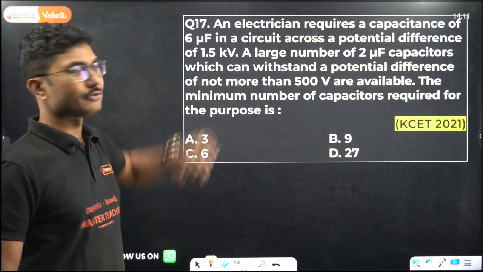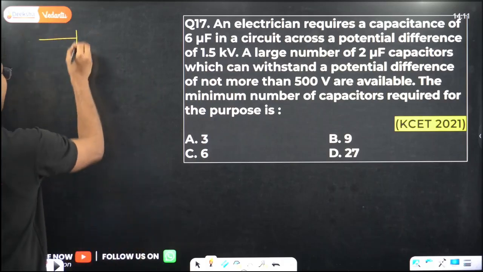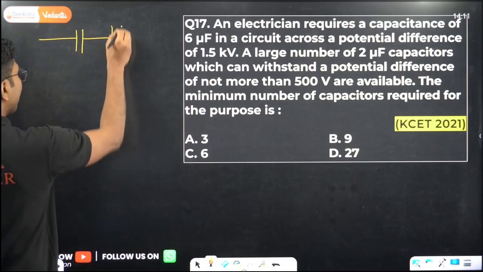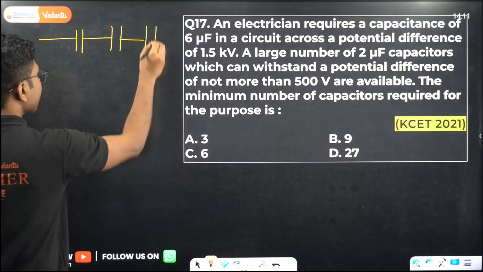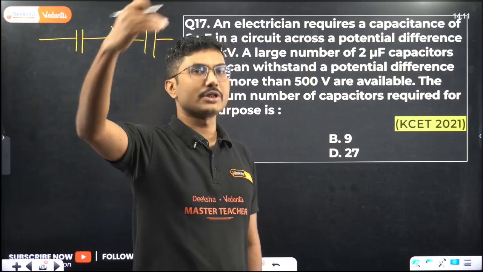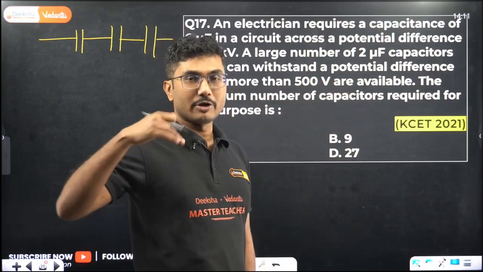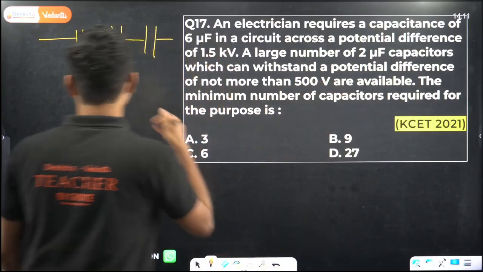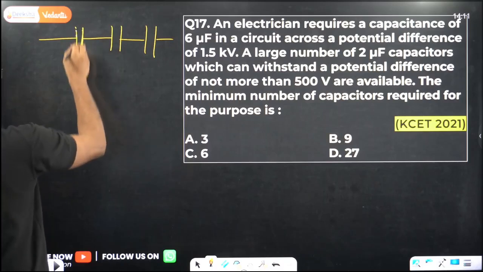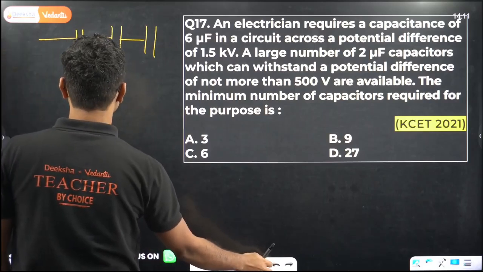I have solved this question during my theory class. First we have to balance the voltage. Those who have not watched my theory, I request them to watch it before watching this PYQ, because this is a very interesting concept. I explain in detail in the theory class how it is solved, in the third part of the chapter.